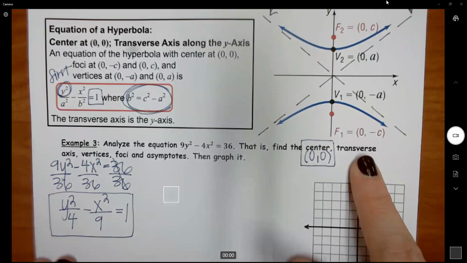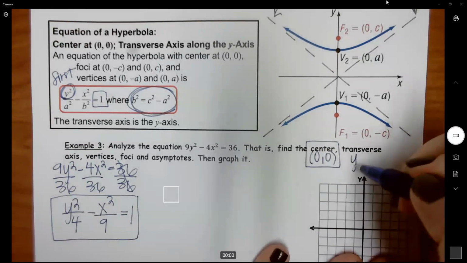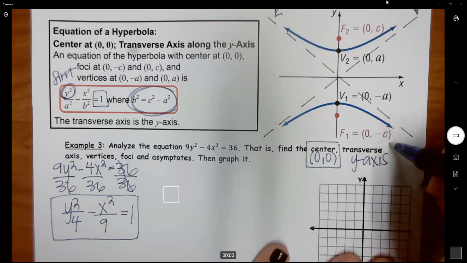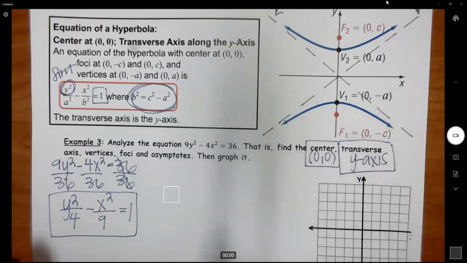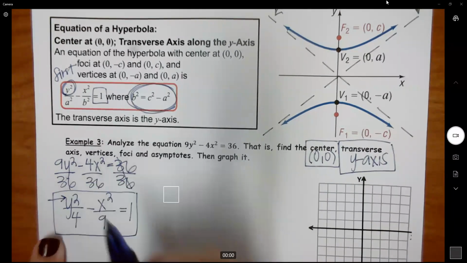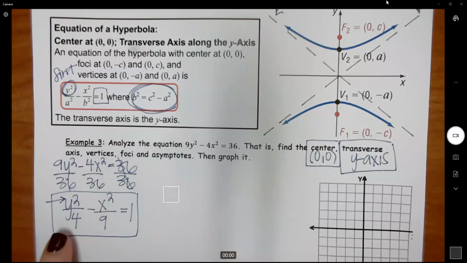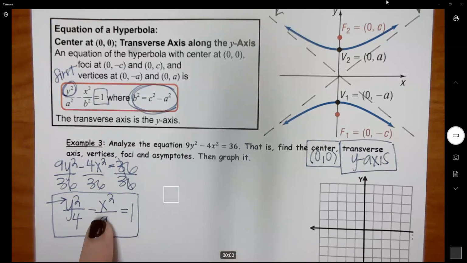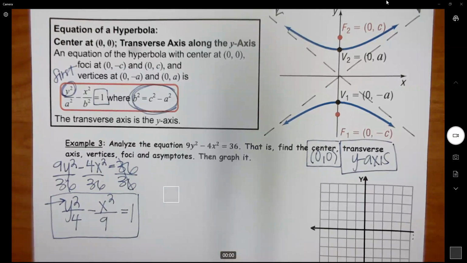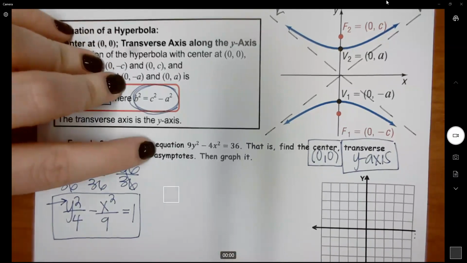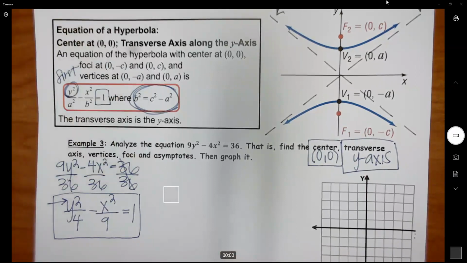The transverse axis is my y-axis because my y term is first, and more specifically, that's the one that is positive. Here, my x is negative. So I need vertices, foci, and then asymptotes, and we'll graph.